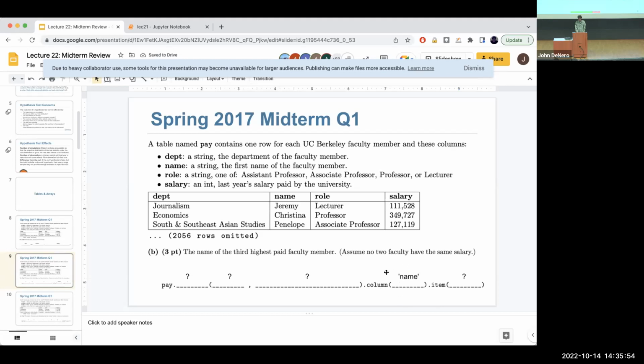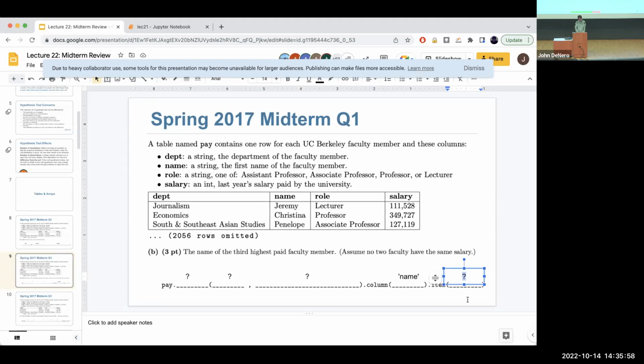Once you're down to a column of names, which is an array, you have to know the position in that column where the value you want lies. Third highest paid, well, if we found a table where the highest paid person was at the top, index 0, then the third highest paid person would be index 2.